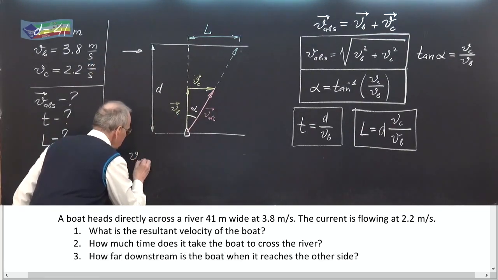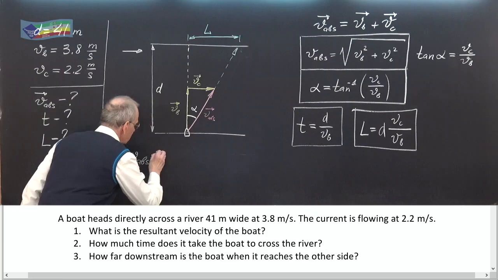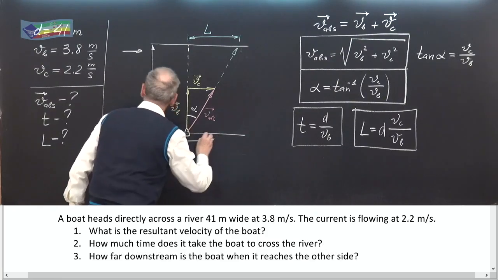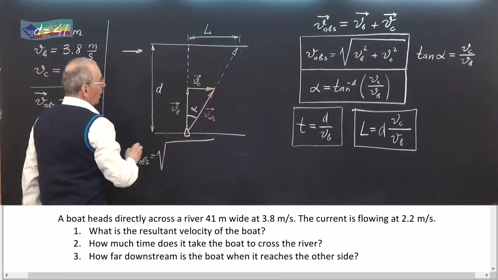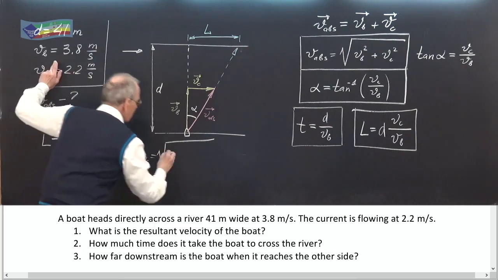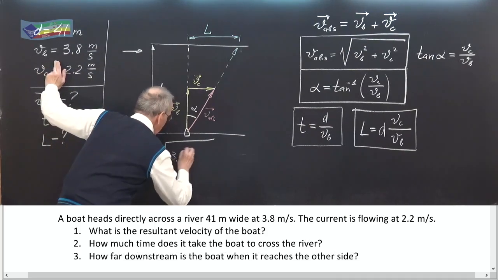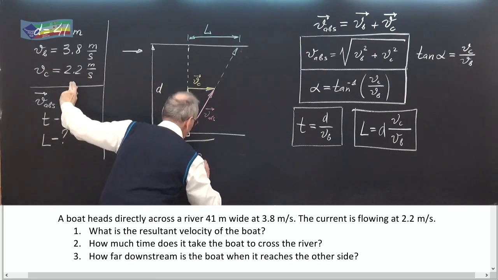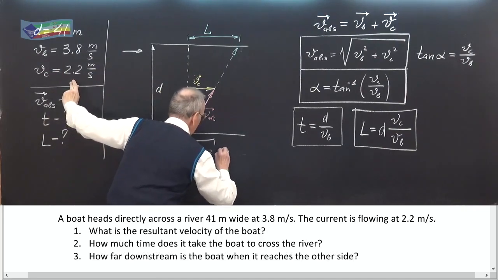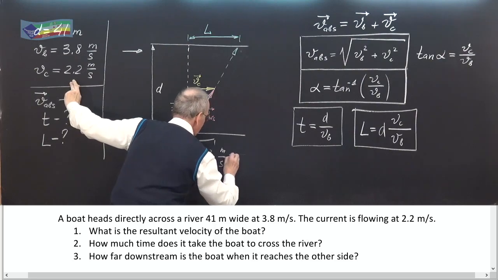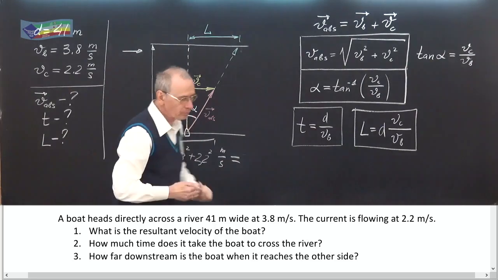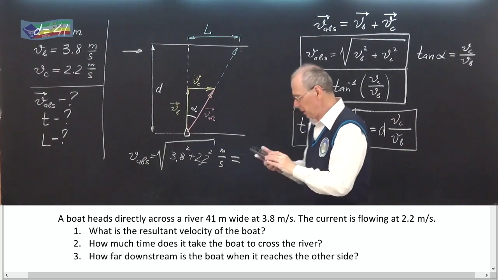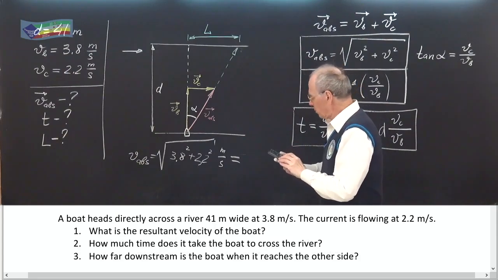V absolute equals root of 3.8 squared plus 2.2 squared meters per second. Let's use the calculator.